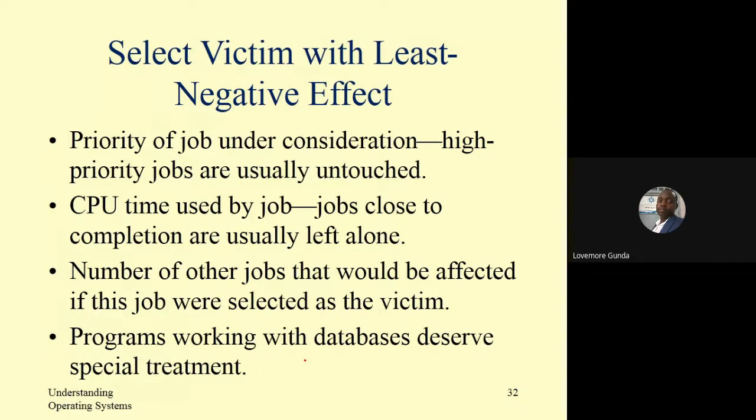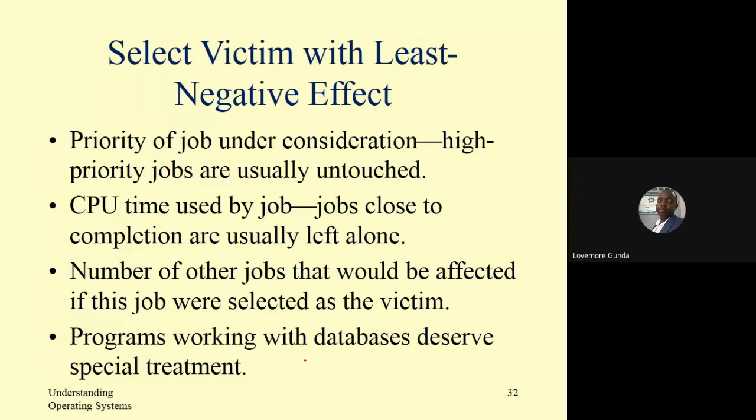The CPU time is used by the jobs, and jobs close to completion are usually left alone. So the operating system will look at the jobs and see which jobs, if eliminated, will allow the program to continue, and which jobs are not critical. But there are some critical jobs which, if they are stopped, will stop other jobs. So the priority is checked before this is done.